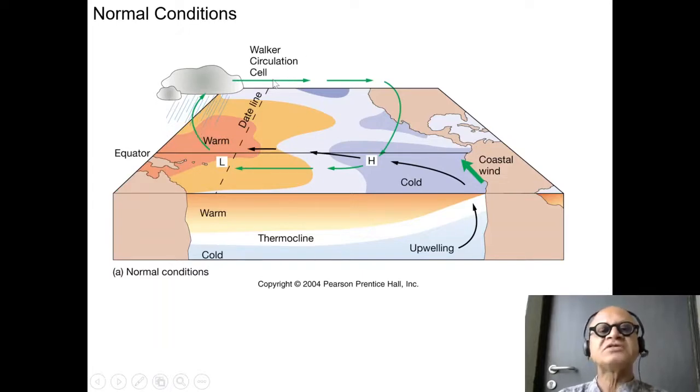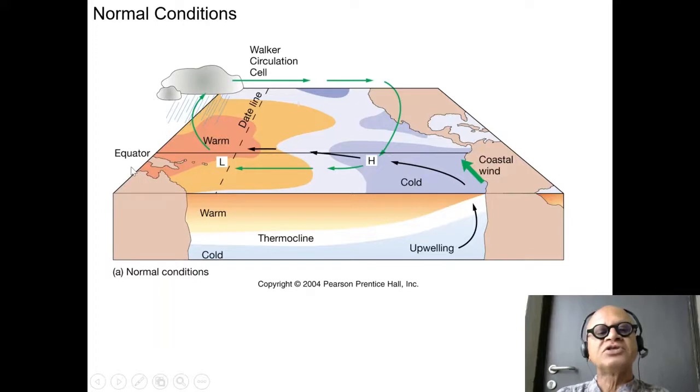The Walker cell, the name comes from Sir Gilbert Walker, who was an officer in the British service in India in the late 1800s, early 1900s, and he was worried about droughts and famines in the monsoon, and he sat down and tried to figure out what was happening. Okay, so he saw that the pressure data from Darwin and here in the South Pacific from Tahiti were out of phase. So when it's cold here, there is high pressure here, this is warm here, this is low pressure here.